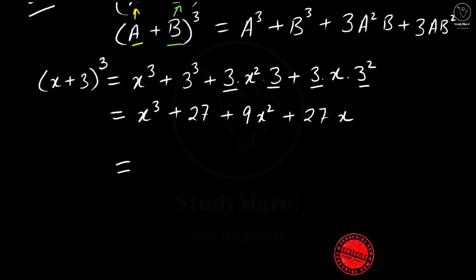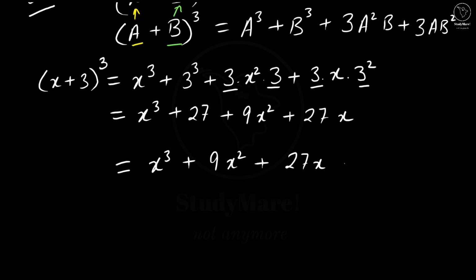Can be written as, if you arrange the terms in order of the power of their variables, we get x³ + 9x² + 27x + 27. The question was the coefficient of x.